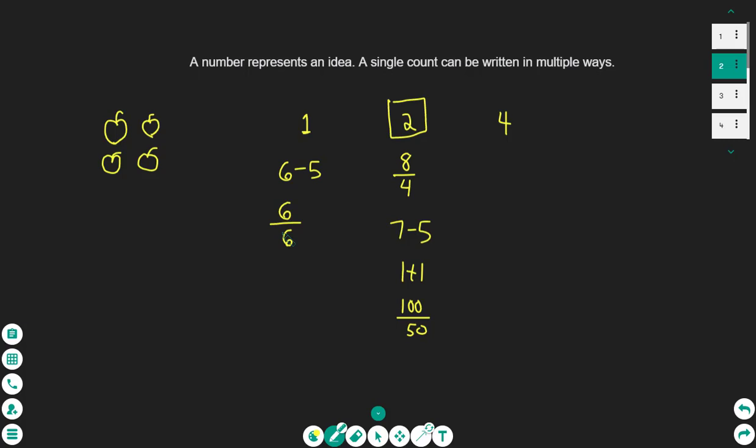Okay? So just kind of keep this in the back of your mind because we will be branching off of this in later lessons. Numbers are symbols and there are many symbols to represent the same idea.